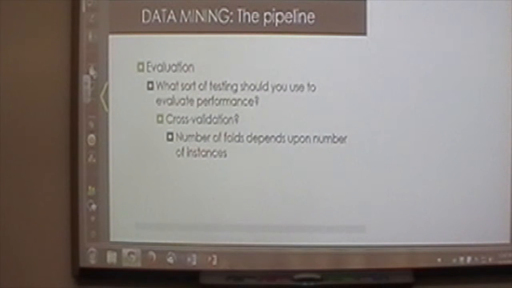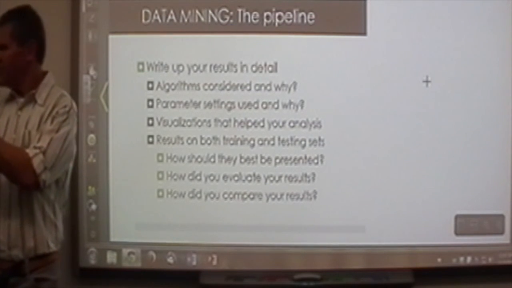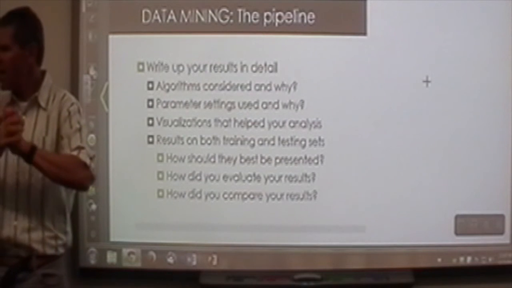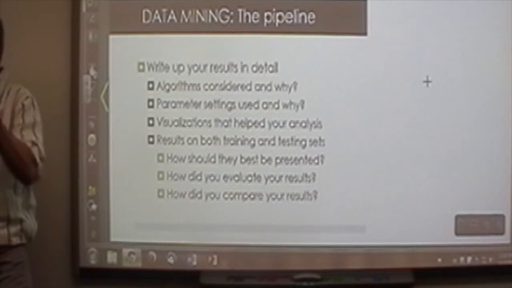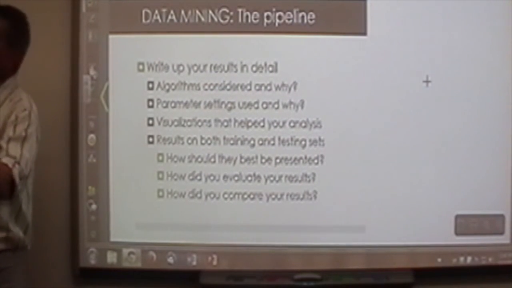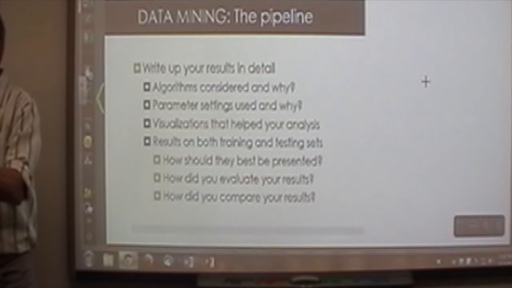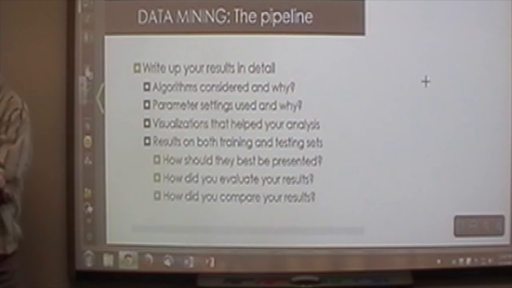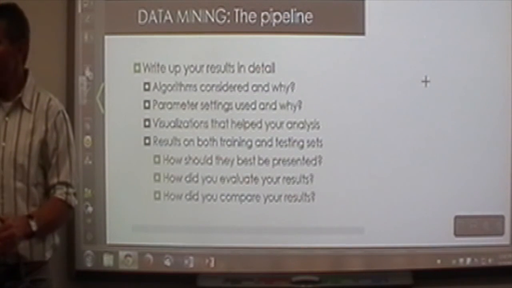Also crucial, and probably we're near the end of this, and then we'll talk about projects in detail on Wednesday, but write up your results. Why do I say that? In detail. Because as you're writing things up, you begin to notice things missing, or things that you didn't do that maybe you should have, or, oh wait, how do I know that?